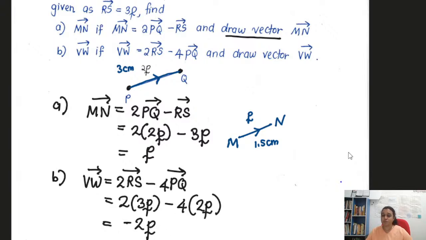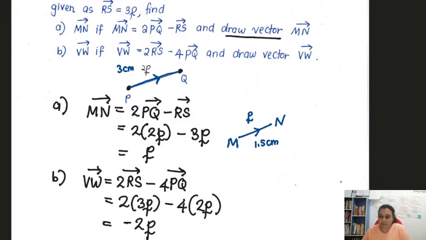Negative means what? Negative maksudnya direction dia terbalik. Arah dia ialah arah yang terbalik. So sekarang ni kita nak lukis VW kan? So when you draw, you follow the same length. Guna panjang yang sama, 3 cm. Use the same length, but direction negative.